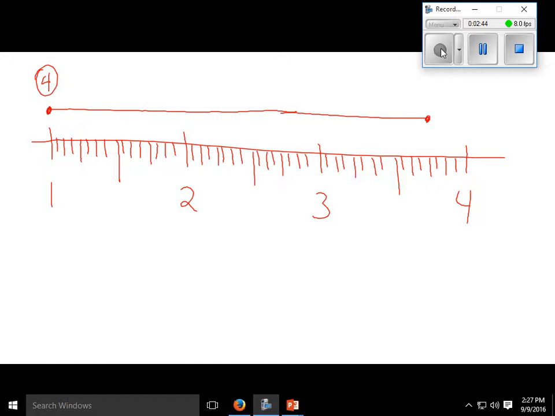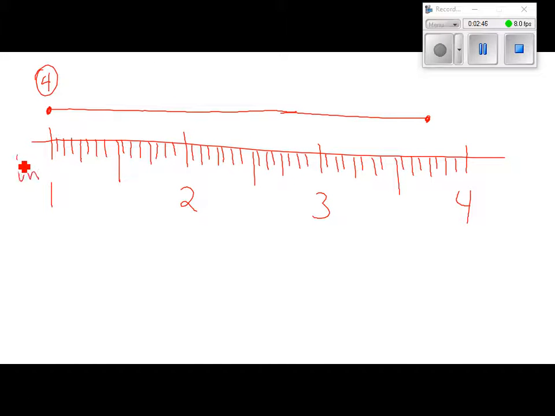Number 5, they give us this inch ruler. We're going to measure it. Again, notice it doesn't start at 0, so we count out. We go 1 inch, 2 inches, that's going to be our whole number. Then when we get to here, we got to count the spaces. 1, 2, 3, 4, 5, 6, 7, 8, 9, 10, 11.